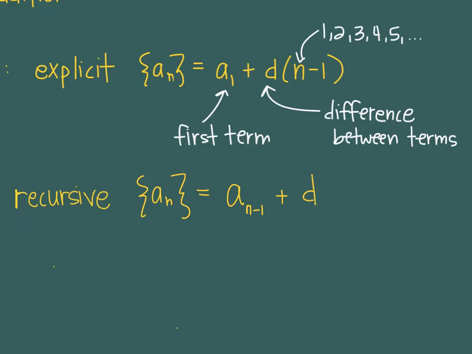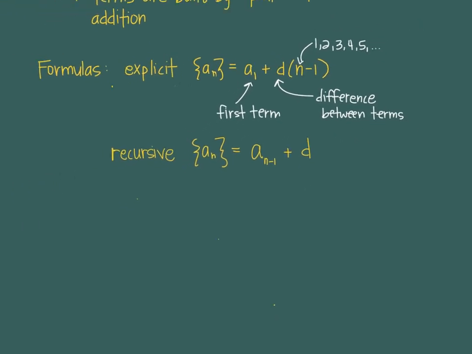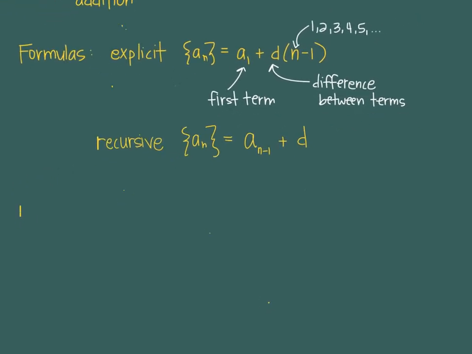So that is how you write a recursive formula. So depending on what the question asks you for, you're just going to plug in to each of those. All right, so let's do a couple examples.